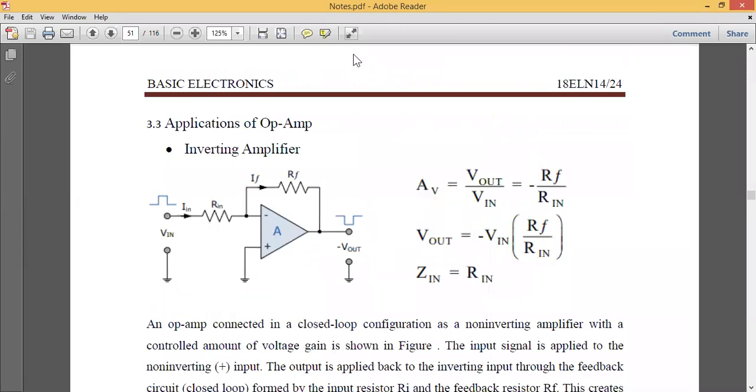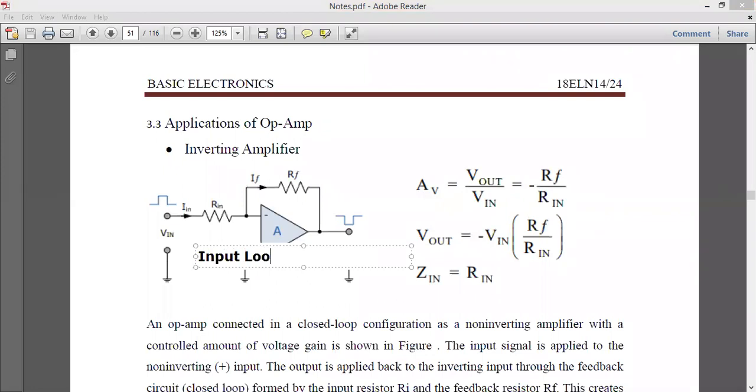So apply the Kirchhoff laws to the input side. I will write here, that is the input loop. Find the current for the input loop, and this is my output loop. Find the current for the output loop and then equate.